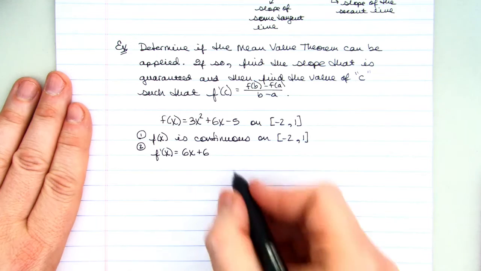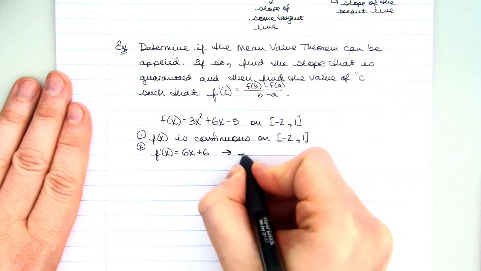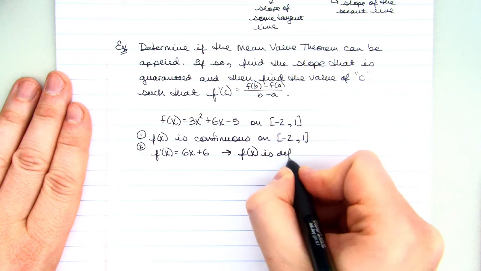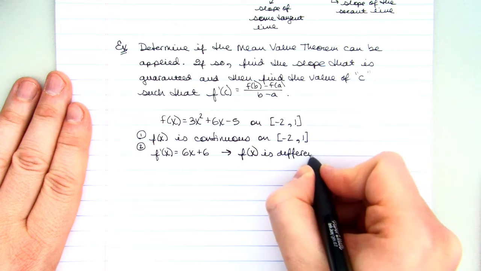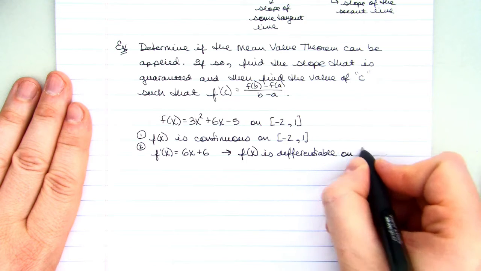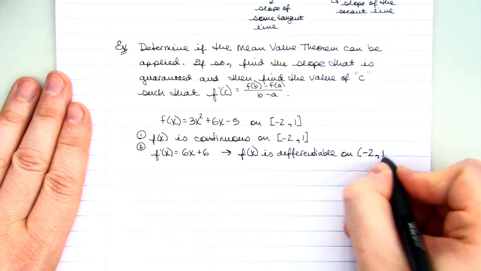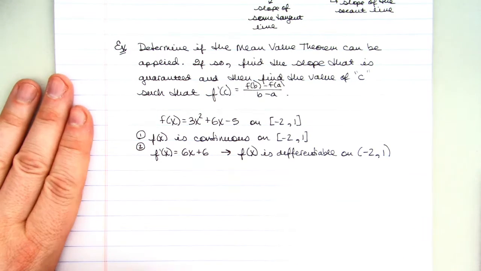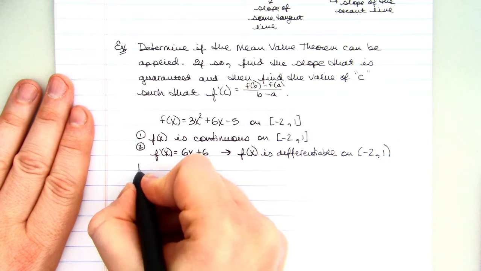I think that thing is continuous. Therefore, I can say that my original function f of x is differentiable on the open interval -2 to 1. No denominators, no issues. Therefore, the mean value theorem applies.